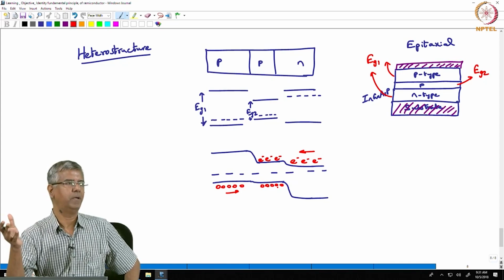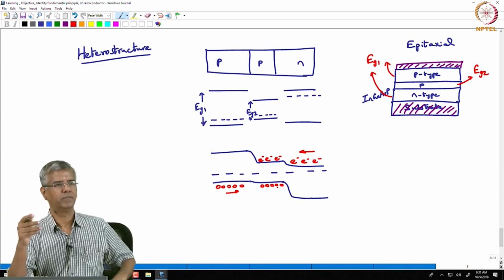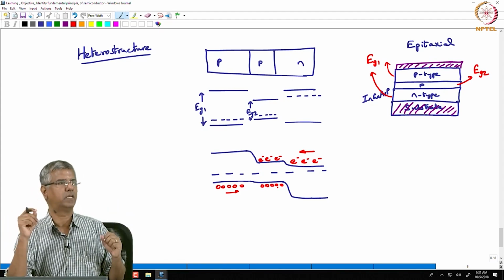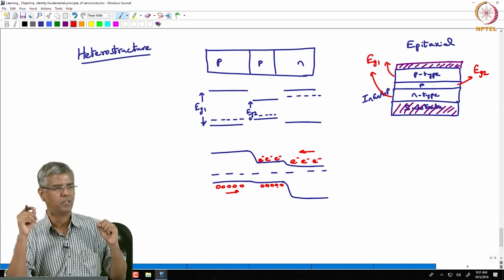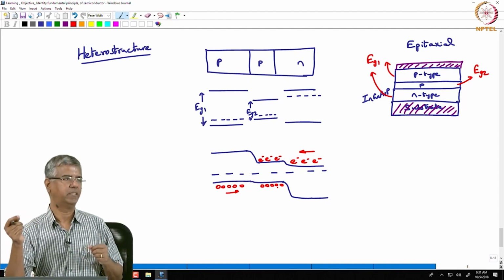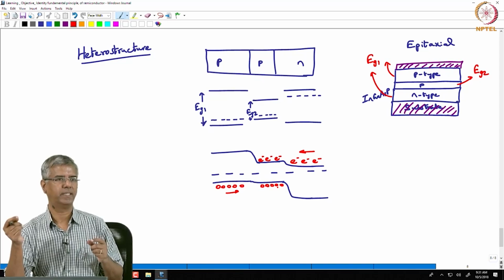And the only possibility in that region where there is a huge density of these electrons and holes, there is a huge probability of recombination happening in that region. You understand that?